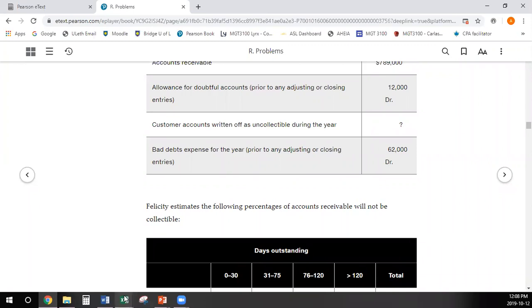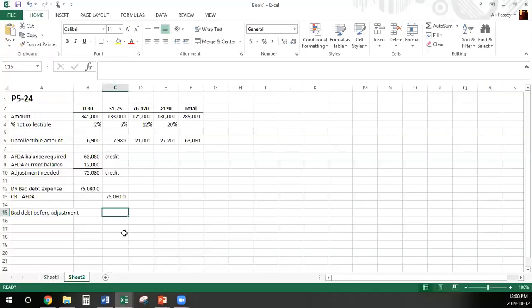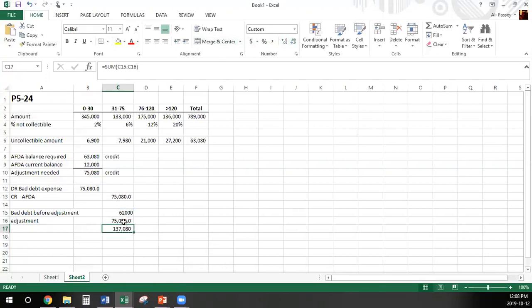So bad debt before adjustments, they told us was a $62,000 debit balance. Then we posted an adjustment to it up here when we're trying to increase our allowance for doubtful accounts balance, and we debited it for the $75,080. So in the end, our bad debt expense will be at a debit balance of $137,080.